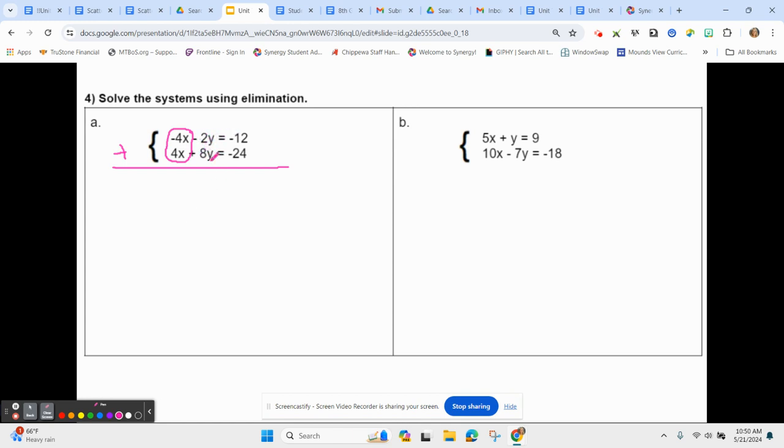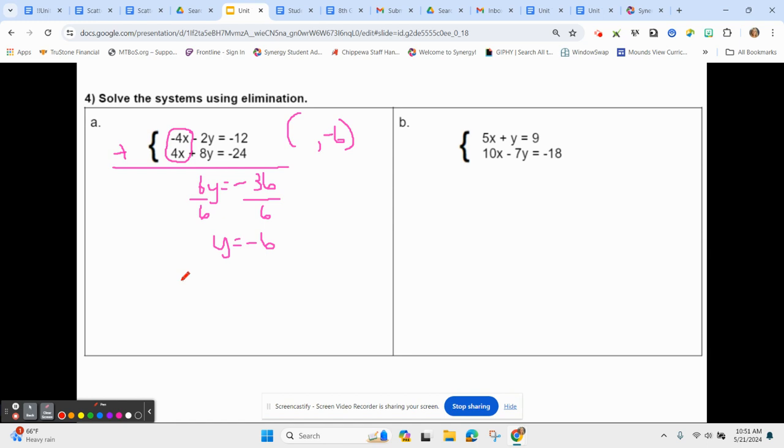Negative 2y plus a positive 8y gives me 6y, which equals negative 36. Divide by 6 on the left, divide by 6 on the right. y equals negative 6. So right here, I have come up with my part of my solution pretty quickly. I know that the y has to be a negative 6.